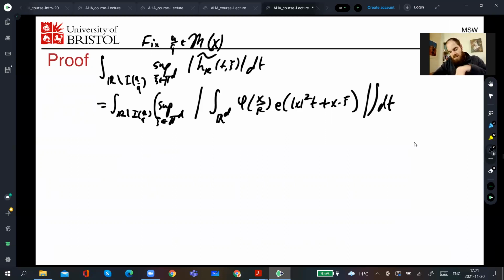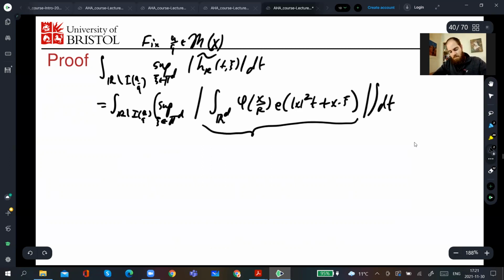These integrals inside here are tensor products. So it's actually equal to a product, one in each direction. That's because the function phi is a sum, and this is a sum, so that turns into products.